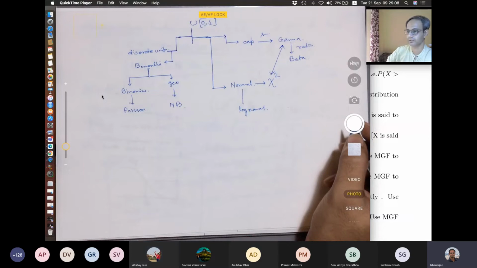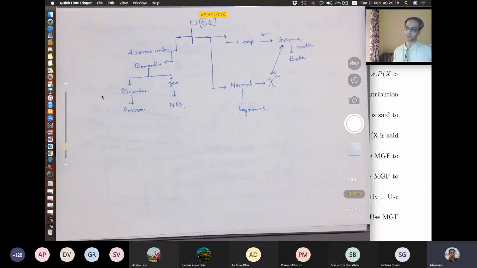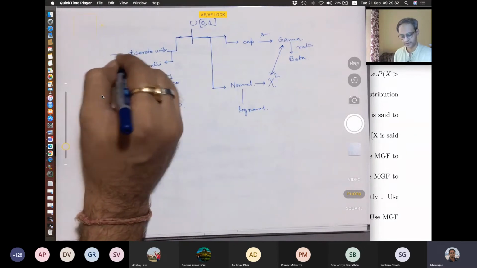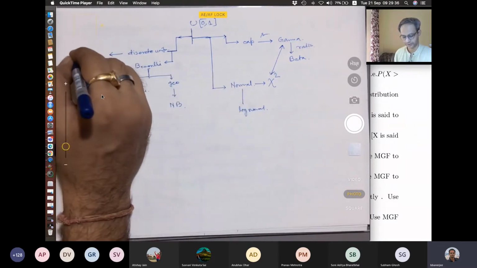Hypergeometric we have not done in this way; it is a separate story, but still we can go for it. There is a and whatever probability you can assign. So from discrete uniform with lots of effort we can go for hypergeometric.